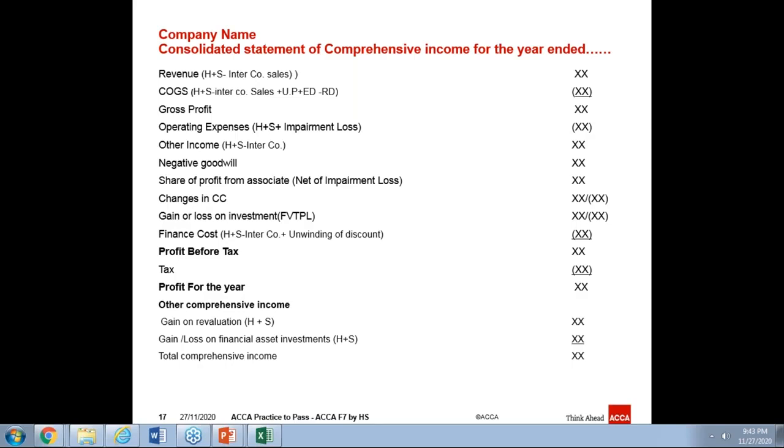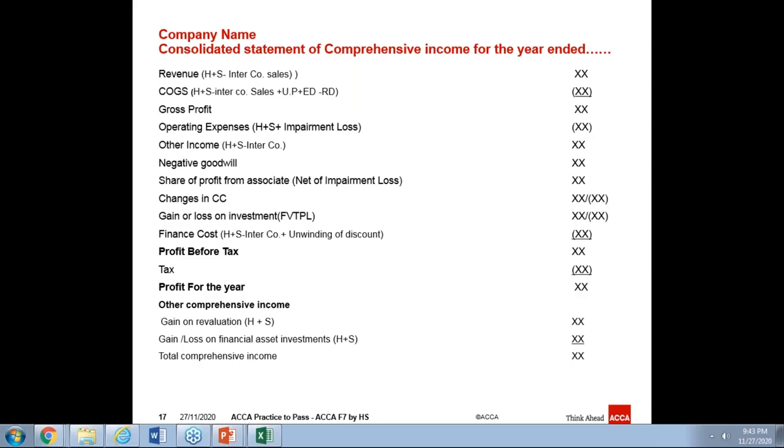So holding company plus subsidiary company minus intercompany sales. This would be one of the questions that the examiner can ask you in the MCQs: calculate the consolidated revenue. Then for the cost of goods sold, we have to take the holding company's cost of goods sold plus subsidiary companies minus intercompany sales plus unrealized profit plus excess depreciation minus reversal of depreciation.